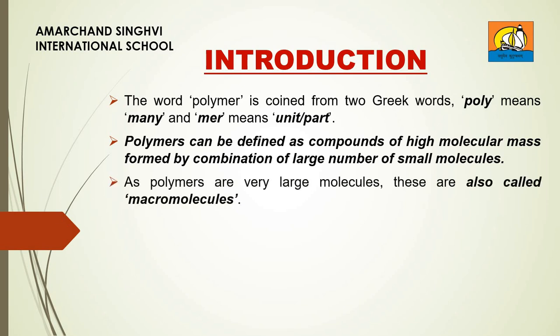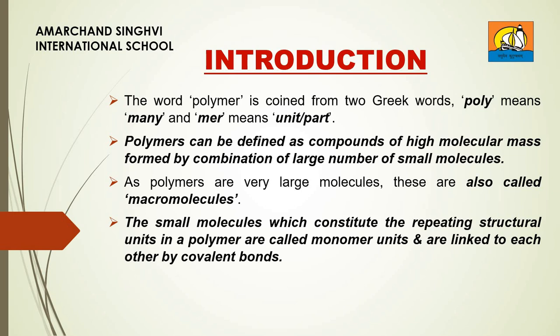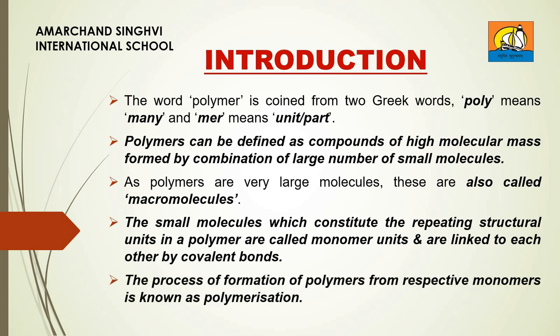As polymers are very large molecules, these are also called macromolecules. The small molecules which constitute the repeating structural units in a polymer are called monomer units and are linked to each other by covalent bonds. The process of formation of polymers from respective monomers is known as polymerization.